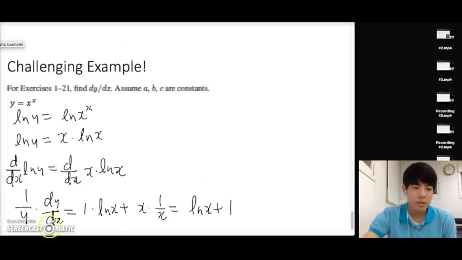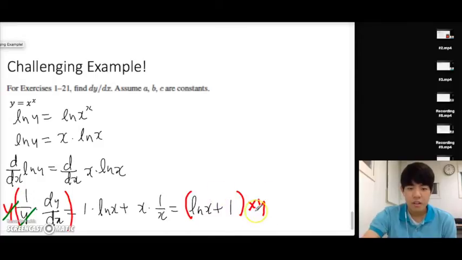So we can multiply both sides by y. These two will cross out, so this side becomes dy/dx.